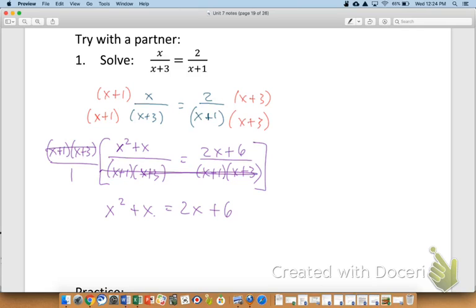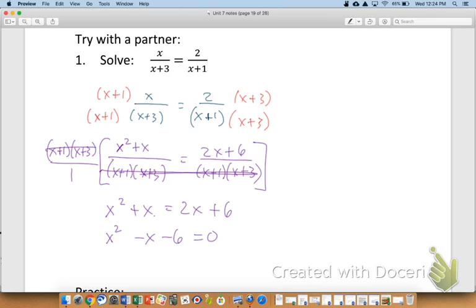So if you get to standard form, you would have x squared minus x minus 6 equals 0. How many of you factored that? I saw a handful. 1, 2, 3, like 3 of you. The rest of you used the quadratic formula? Okay.